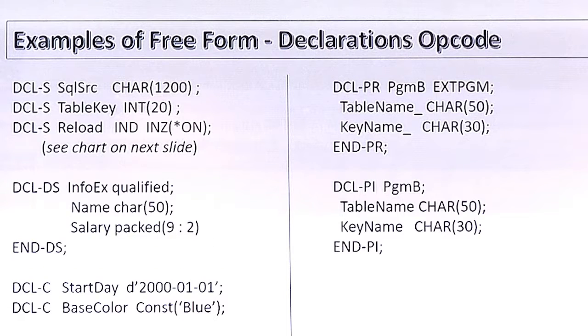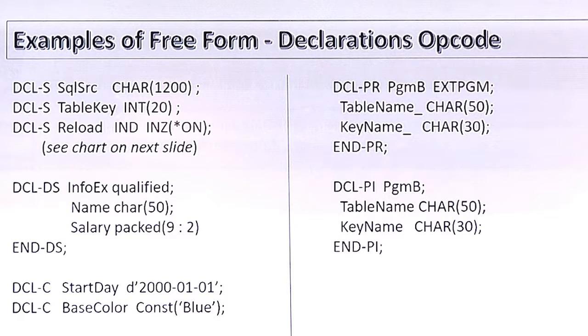So this is what I gleaned out of the presentation. So I didn't get everything. So, okay. So I was talking about the declarations, the standalones, as you can see, and then a data structure, and a prototype and a procedure interface.